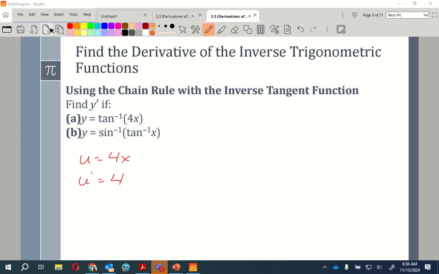Let's rewrite it. Y equals inverse tan of U. Y prime is going to be 1 over 1 plus u squared times u prime.